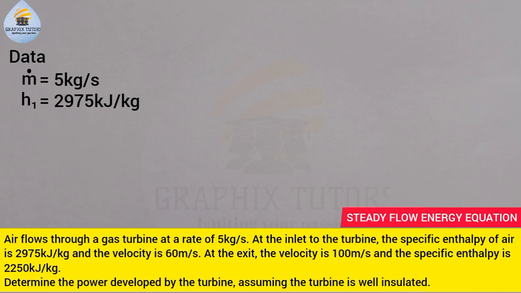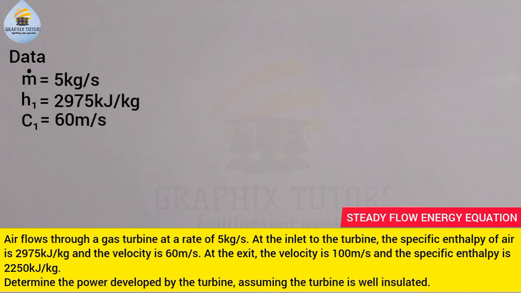And the next one we have is the velocity. I'll be using C for my velocity, not V. So I'll be using C subscript 1, showing the velocity at the inlet, and that equals 60 meters per second. Similarly, at the exit, we're told that the velocity is 100 meters per second.